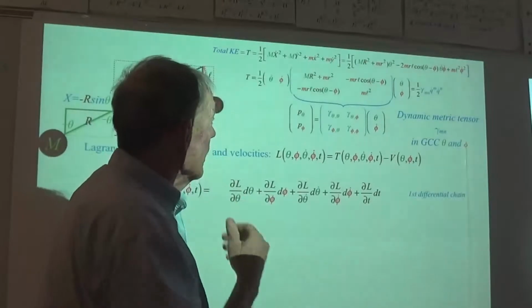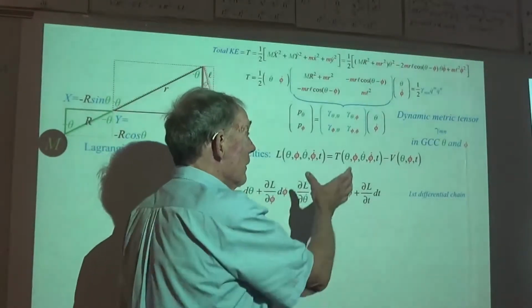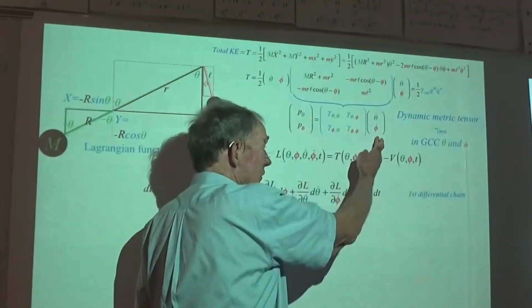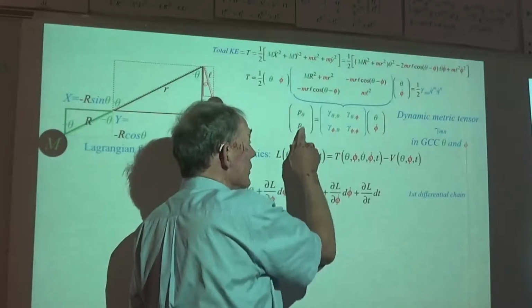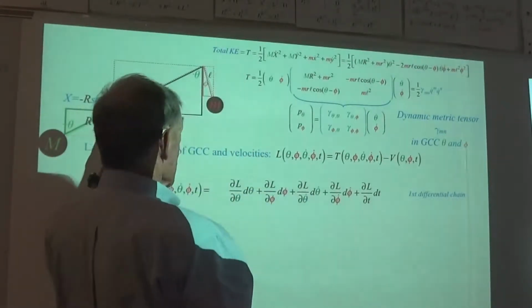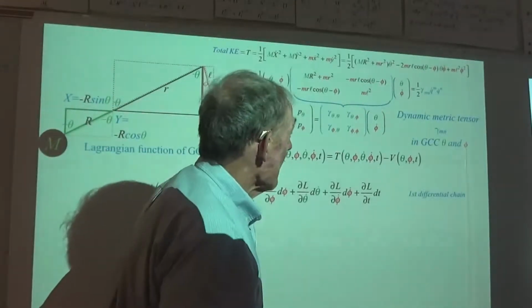So anyway, once you have this, then that's a connection, a linear connection between the velocities that we're dealing with and the momenta for the two angles. The angle of the main beam and then the angle phi of the projectile.